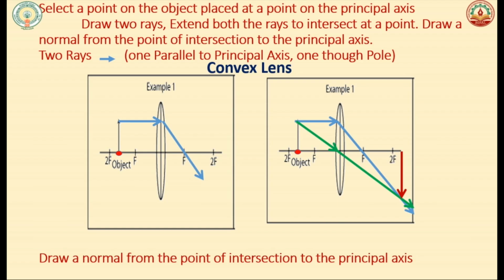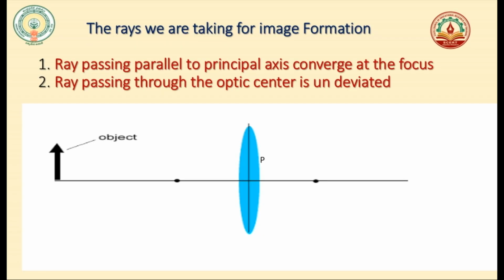And the second ray through pole, the ray which is passing through pole, is undeviated. After extending these two rays, they will meet at a point. From that point, a normal was drawn to the principal axis.